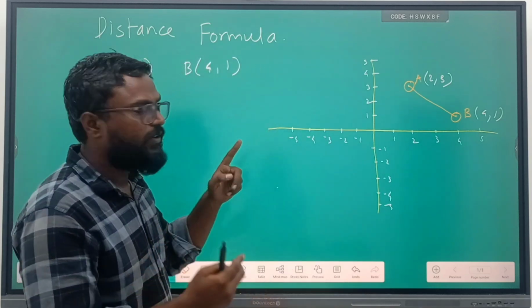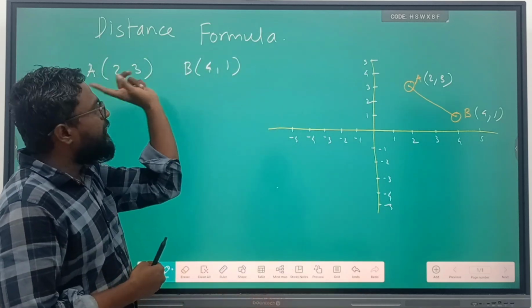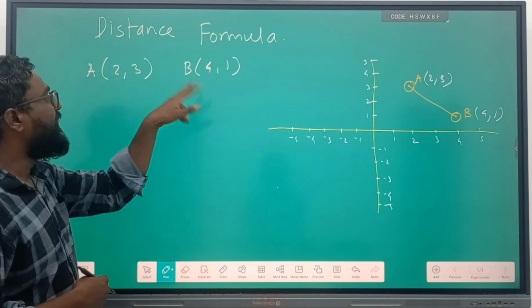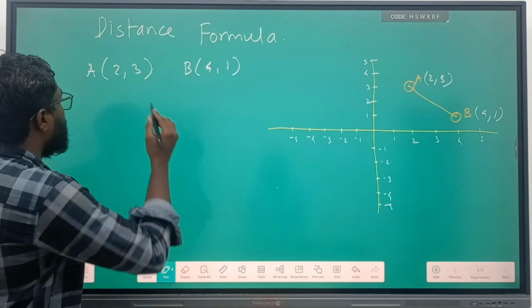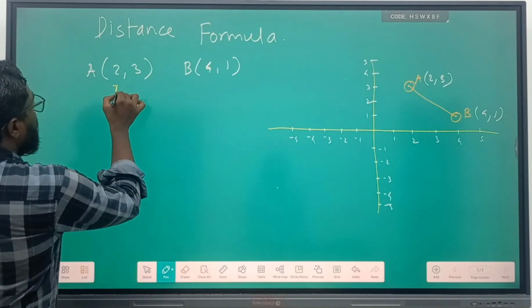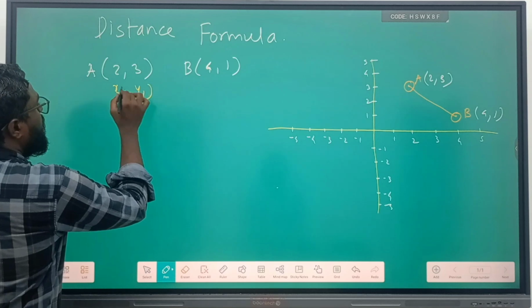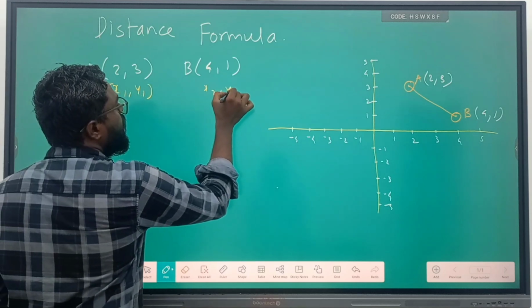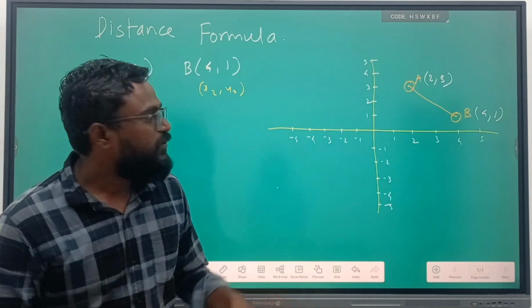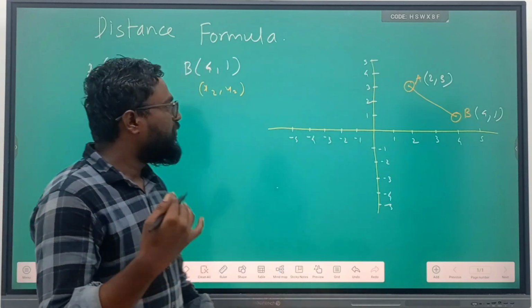It is interchangeable. You can keep either one as x1, y1. For easy understanding, I'll keep the first one as x1, y1 and the second one as x2, y2. This is x1, y1, and this is x2, y2.